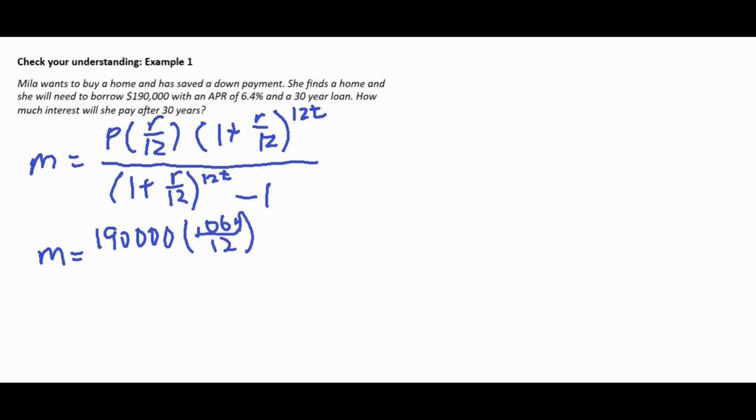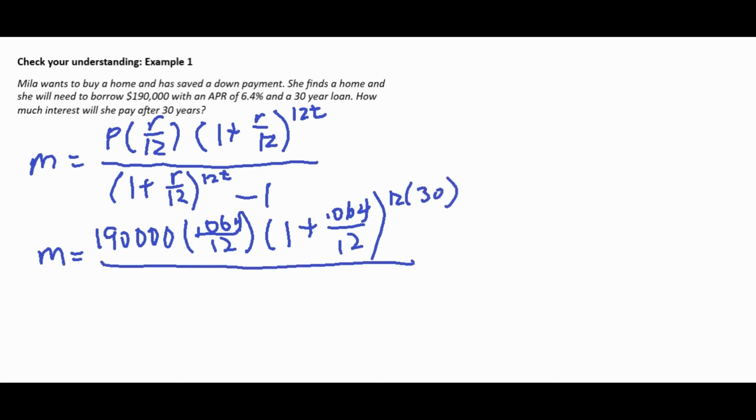So once we put the information into the graphing calculator, I'm going to write out the formula here: 190,000 times, make sure we convert this rate into a decimal, 0.064 divided by 12, quantity, open up another parentheses, 1 plus 0.064 divided by 12, close that parentheses, raised to the 12 times 30 power, all that divided by 1 plus 0.064 divided by 12, close that parentheses, raised to the 12 times 30 power, minus 1.